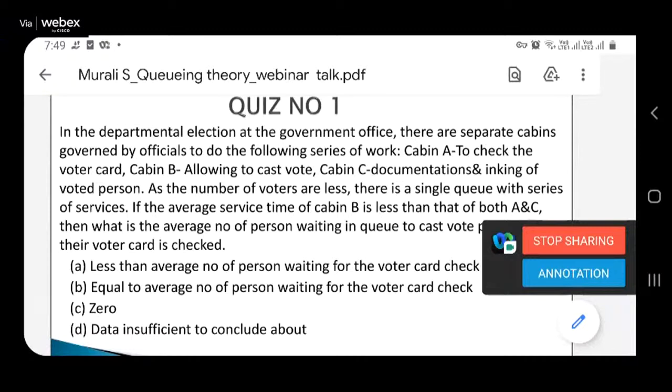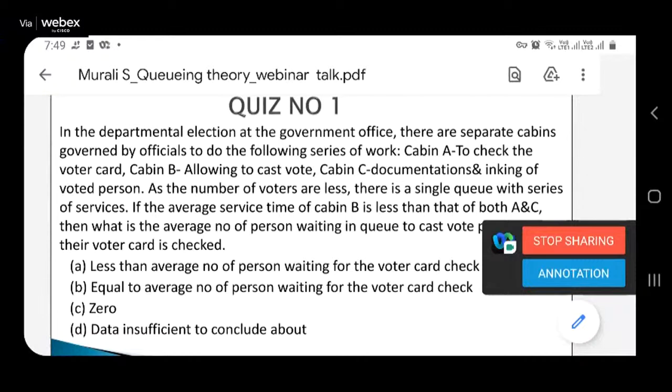See, for example, you are having a voter check and they keep on checking your vote. So that is taking some time, isn't it? Till the time your vote is being checked, the B person, or you can say the second cabin person, is free.